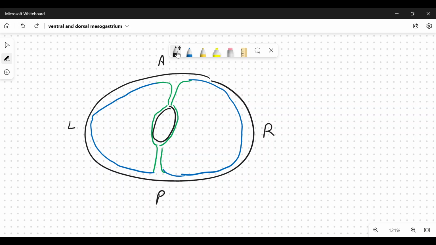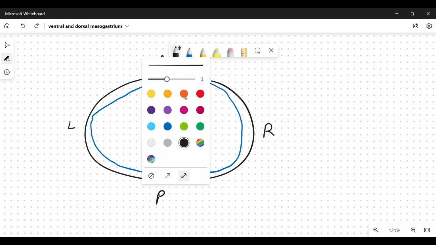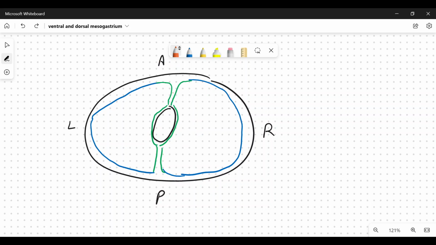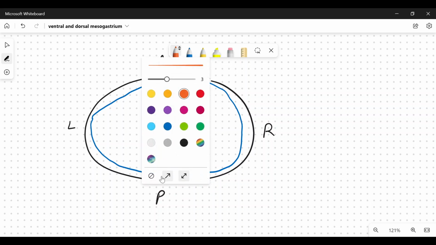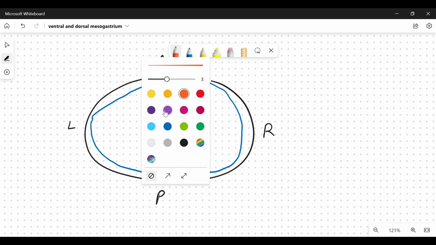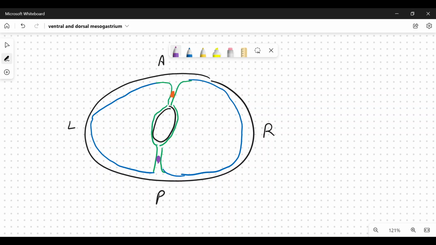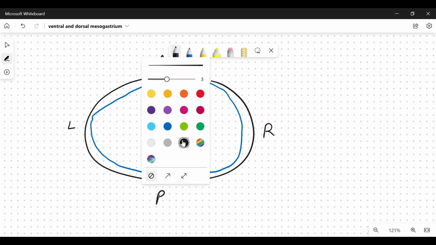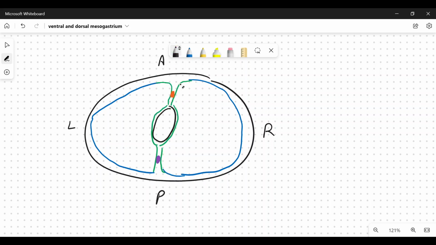Okay. Now within this ventral mesogastrium, we remember that liver is going to develop. Within this, the liver is going to develop, whereas within the dorsal mesogastrium, the spleen is going to develop, and that is going to divide the ventral mesogastrium into two parts. This is number one part.